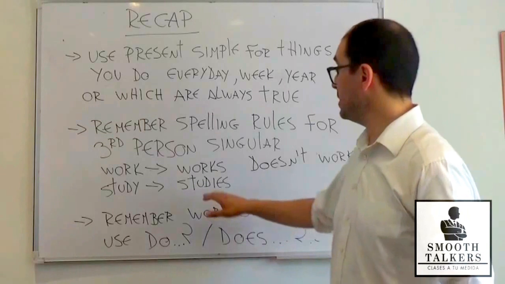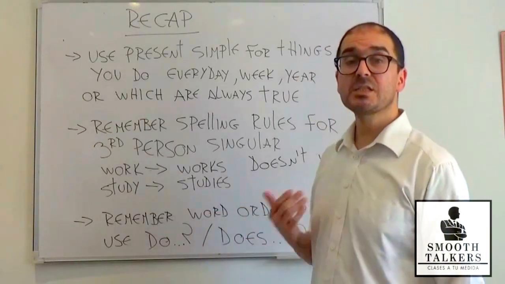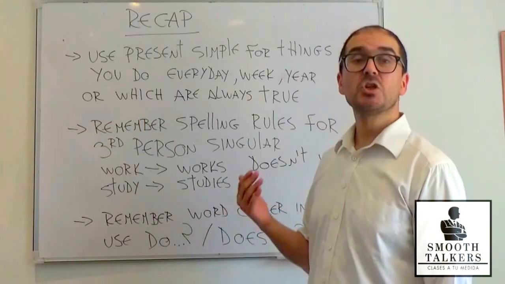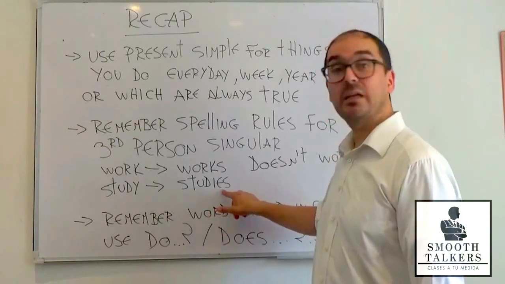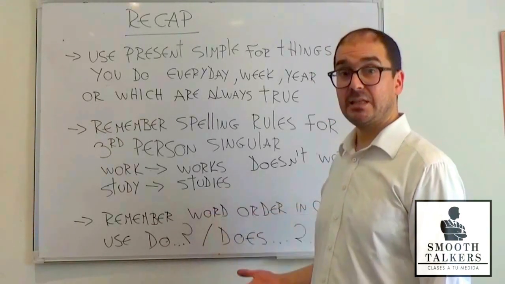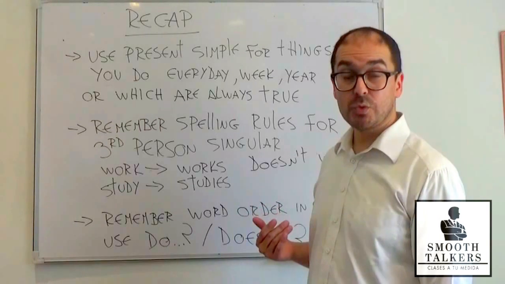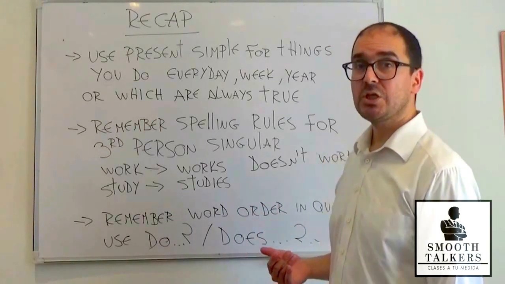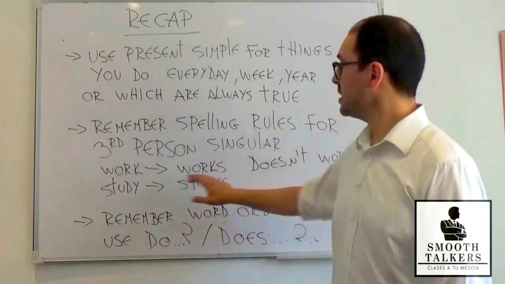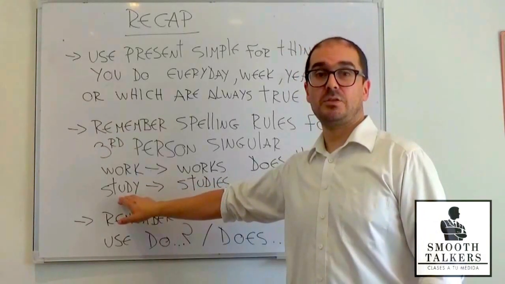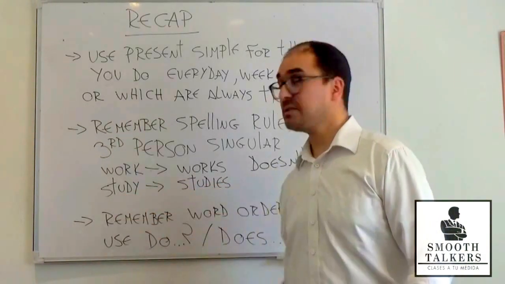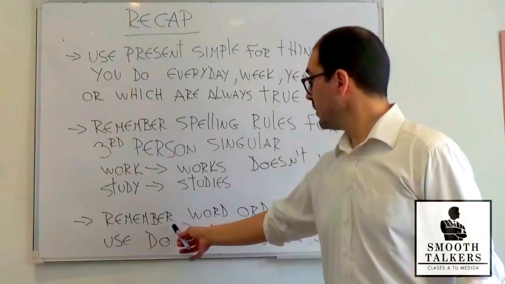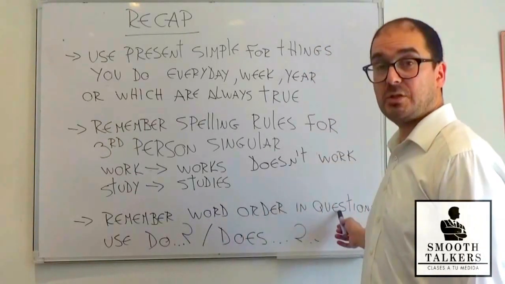Same thing goes with study. I study English. She studies English. Negative phrase, I don't study English. She doesn't study English. And last but not least, remember the word order in questions.